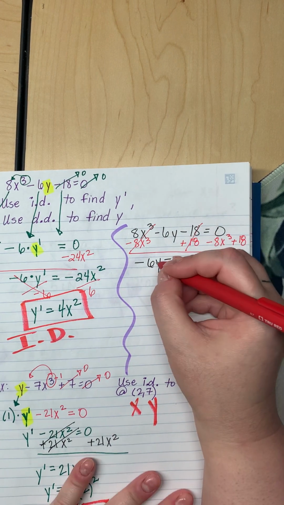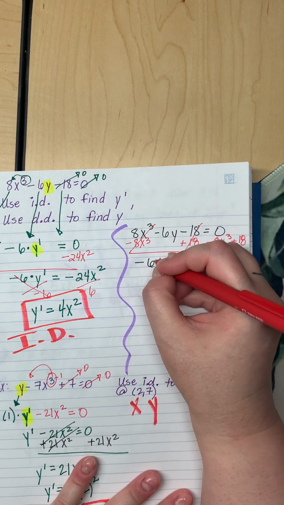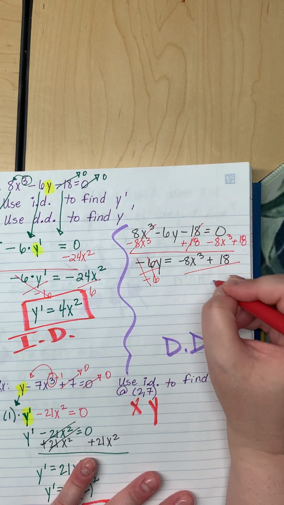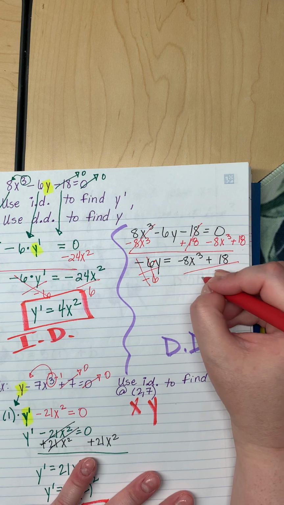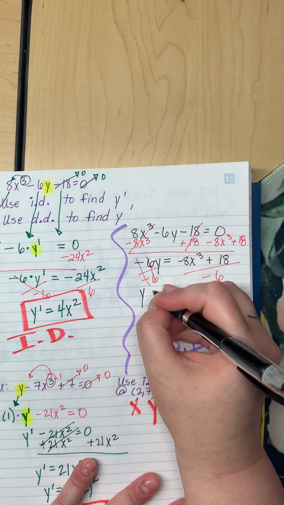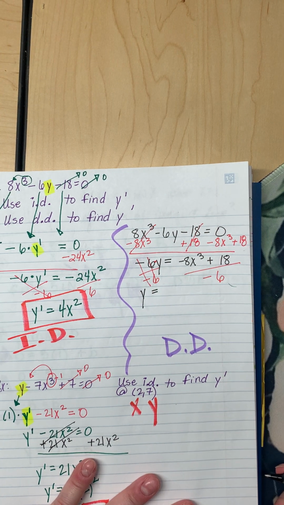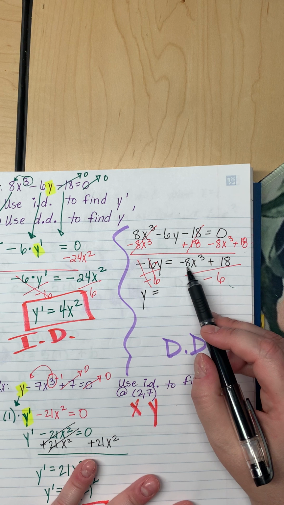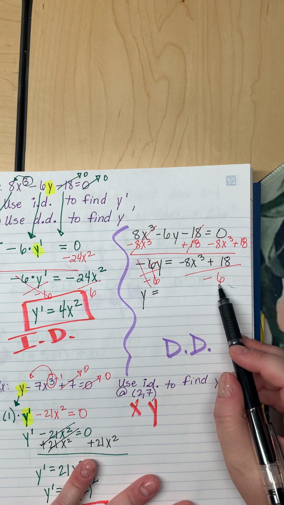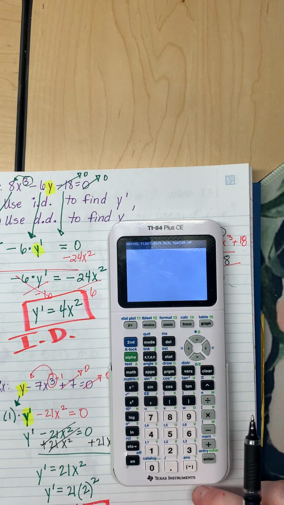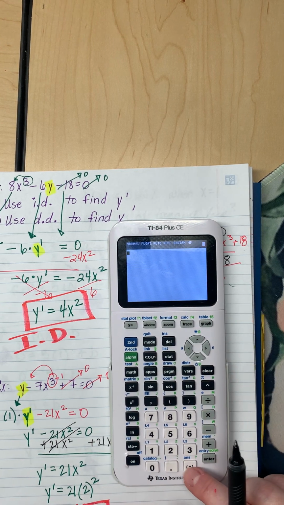So now we're going to say, what do I do with this negative 6? It's multiplying, so let's divide. And don't forget to divide everything on the right by negative 6. Okay, so we get y equals, let's see, negative 8 divided by negative 6. If that's a pretty decimal, I'm okay with us writing it down.